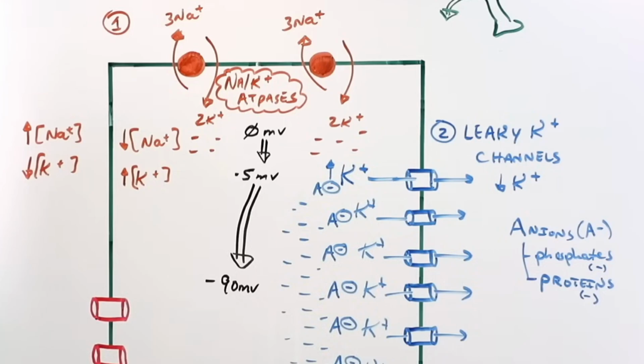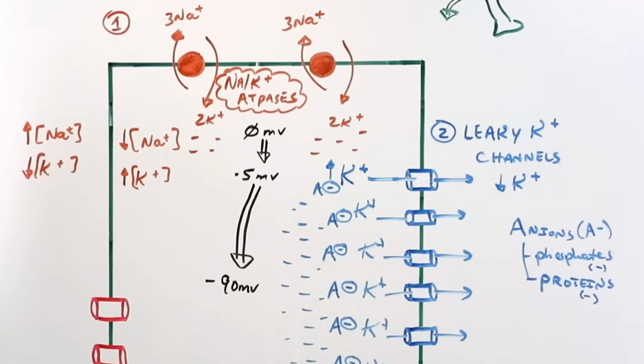One of the reasons being that sodium-potassium ATPases require, as the name implies, ATP to function. So they require energy. While our potassium leaky channels, as the name again implies, are leaking. It doesn't require energy to actually transfer it out. It just leaks out. It's an open channel. The second reason why it happens more is obviously because there are more of them. There are more channels than there are ATPases.